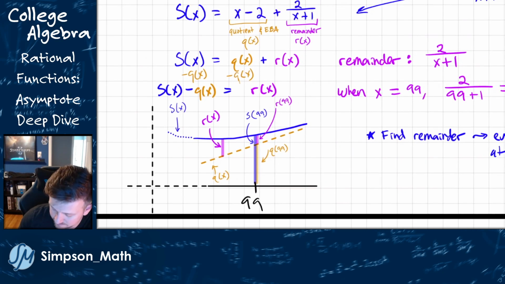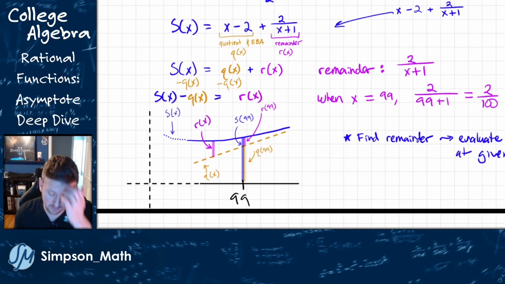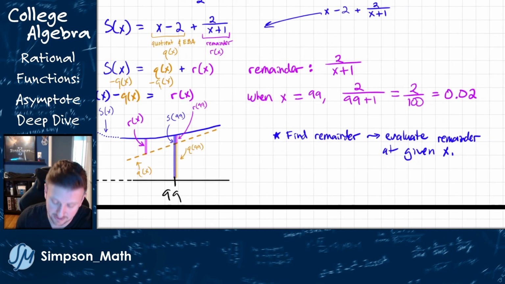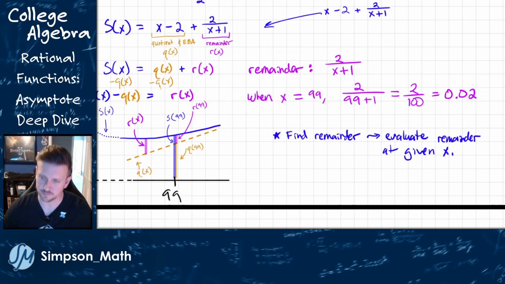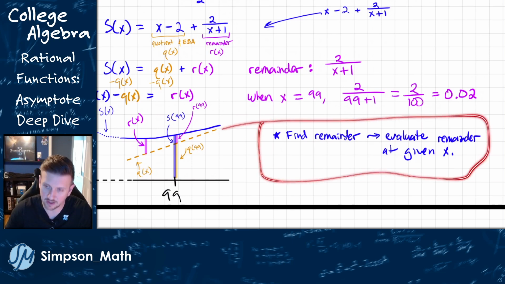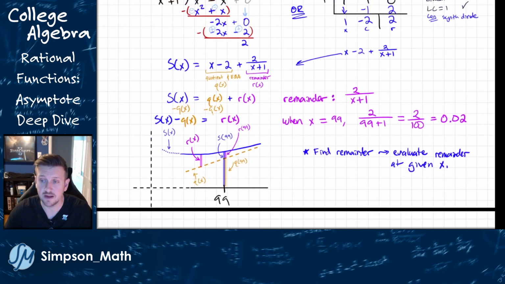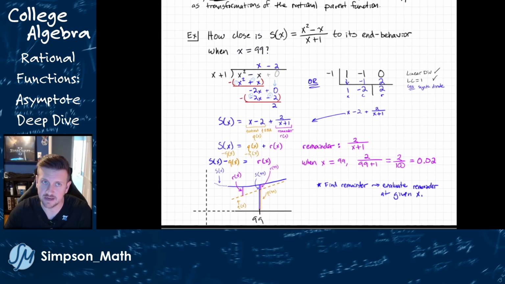So instead of having to find the s, find the q, and then subtract them, I'm just going to find the remainder and plug in. My remainder part is 2 over x plus 1. So I'm just going to plug in 99, which by no accident, I picked a number that would produce nice math. So I have 2 over 99 plus 1, which is 2 over 100, which is 0.02. So the general approach to a question like this: find the remainder, then evaluate that remainder at the given x.